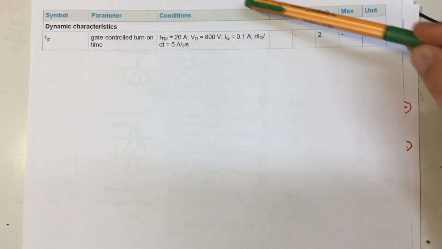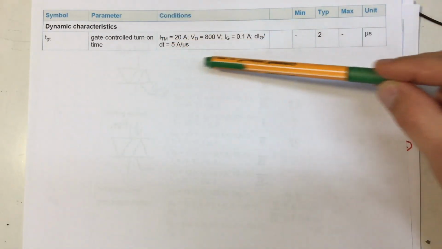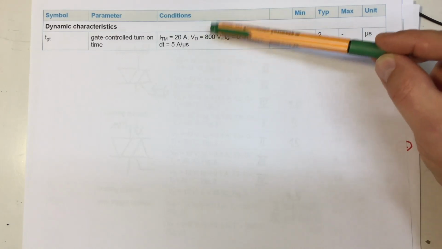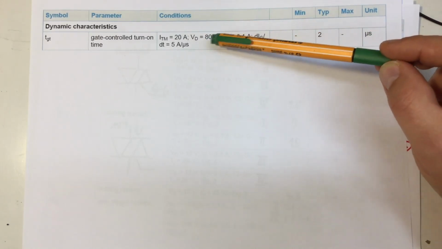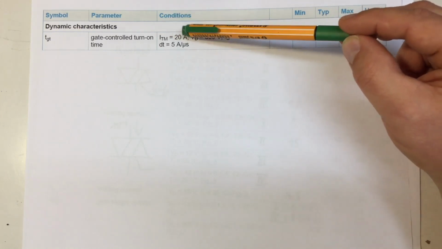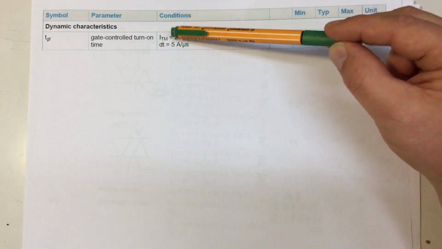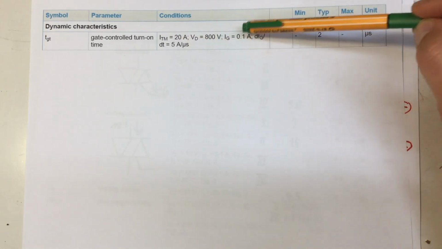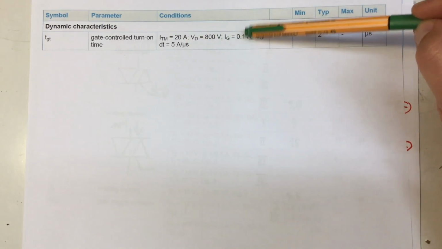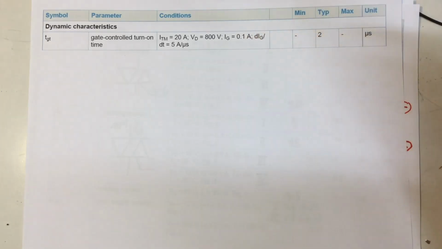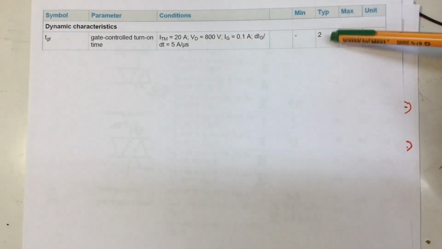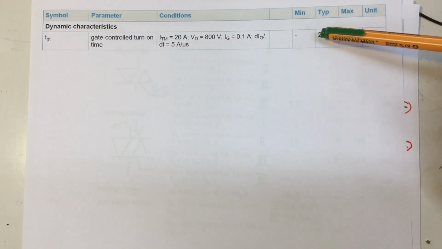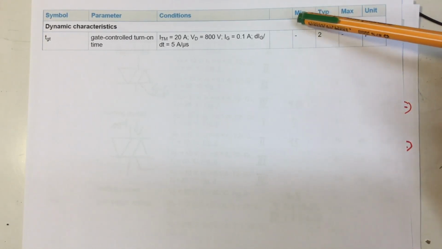And yeah, for different conditions, I mean, we are not running it at 800 volts, but more like, I think, 5 volts, and not at 20 amps, but at a few milliamps. And also our gate current is in the milliamps range. Doesn't matter. It says typically 2 microseconds, and we've seen it.